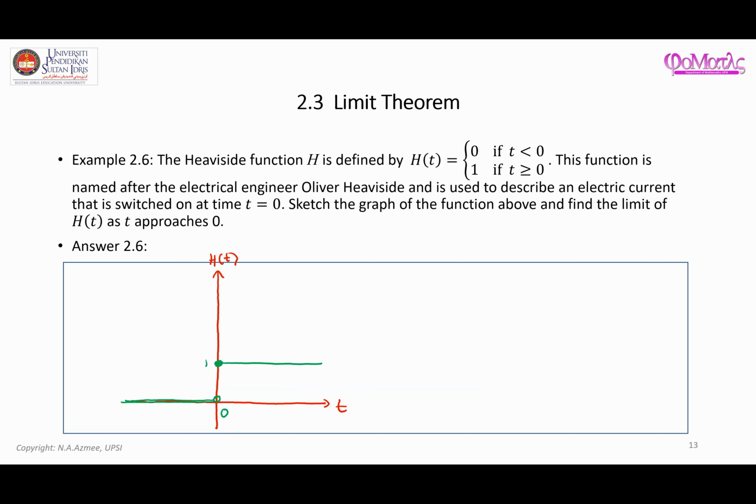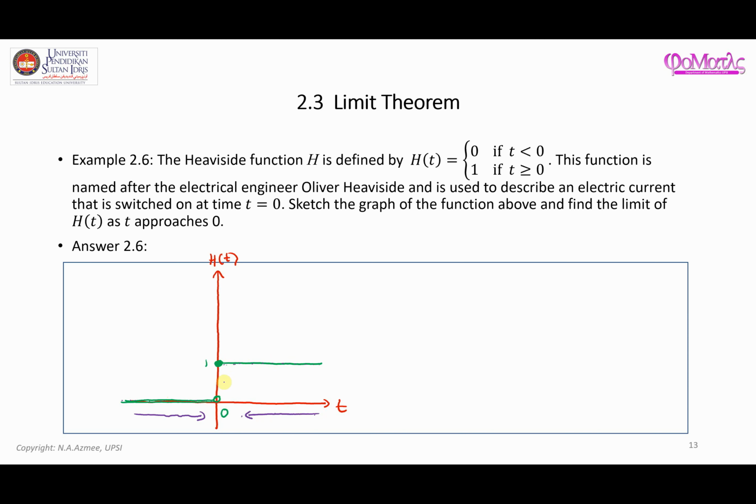Then we are going to find the limit of this function as t approaches 0. t can approach 0 either from the right direction or the left direction. If t comes from the left direction, you can see that the value of our function gets closer and closer to 0. Whereas when t approaches 0 from the right direction, the value of our function will get closer and closer to the value of 1.